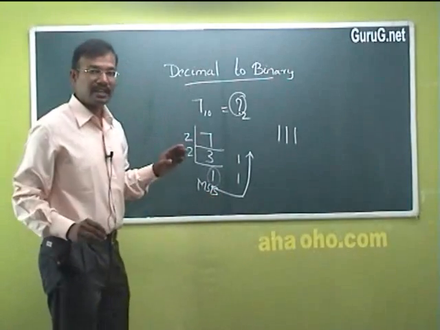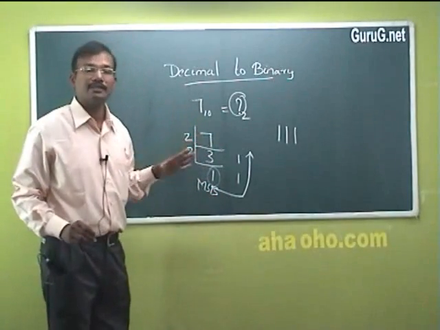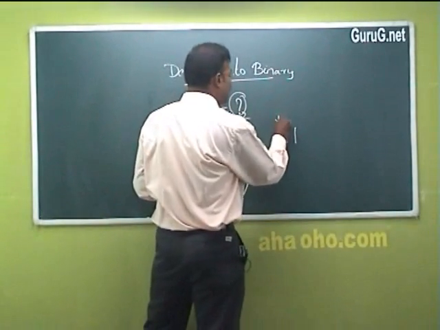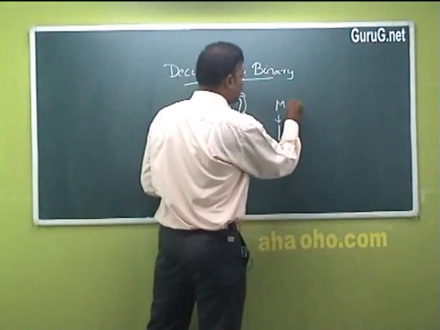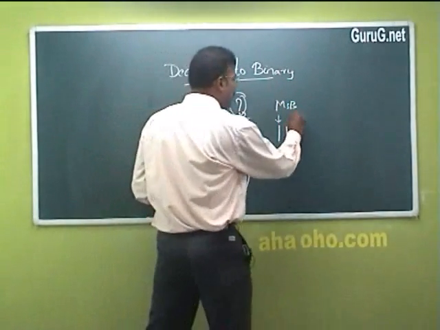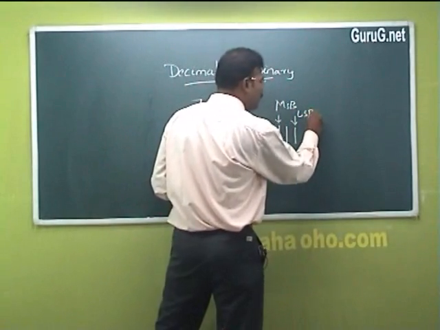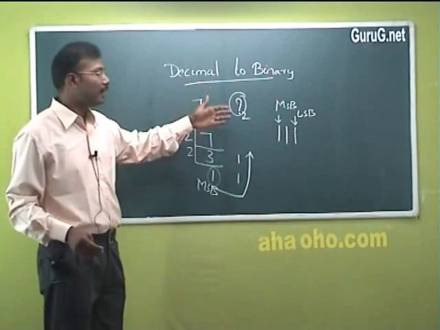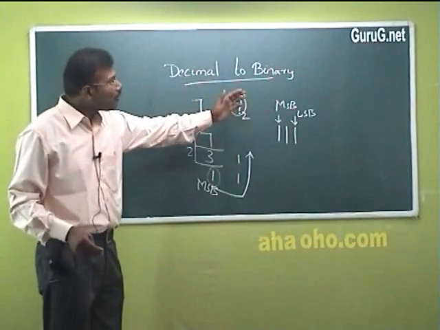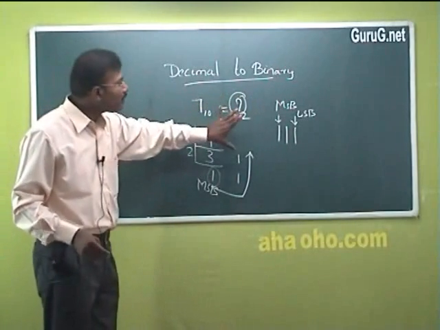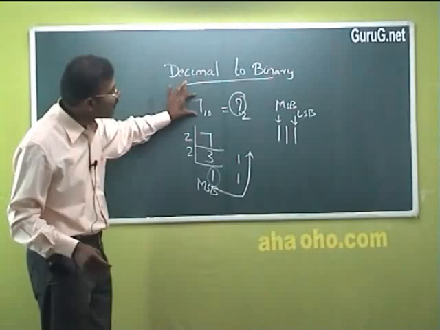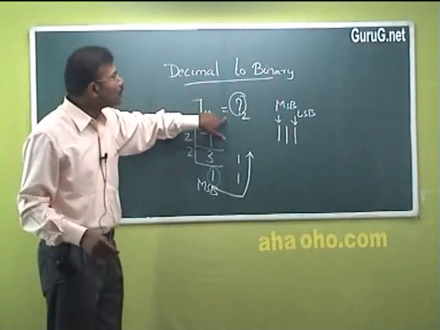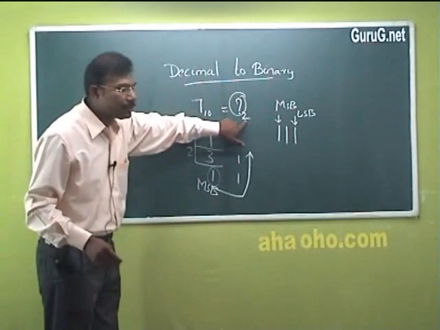In binary representation, we have something called MSB and LSB. The leftmost bit we call MSB. The rightmost bit we call LSB. So this we have learned in many techniques, and we also have the Little Endian method and Big Endian method. All these things we have learned in our junior classes. Now, we have converted this value 7 with base 10 to a particular value with base 2.